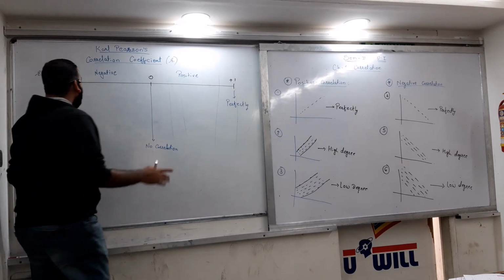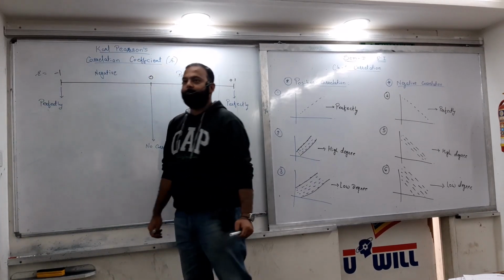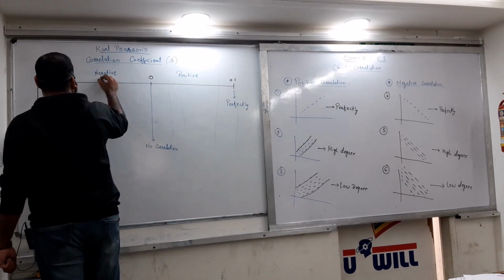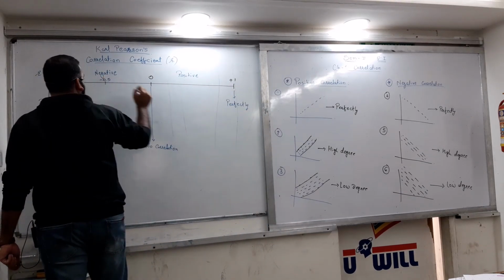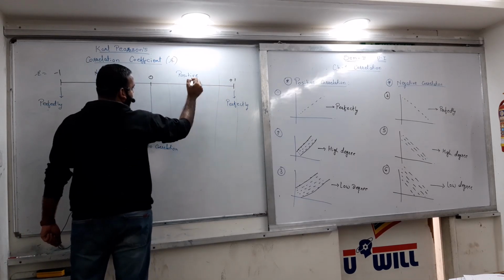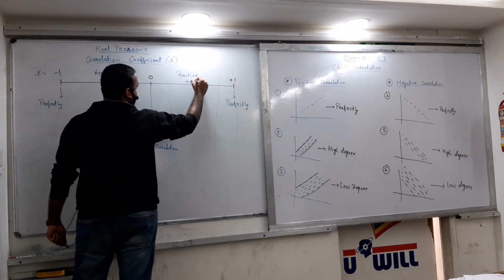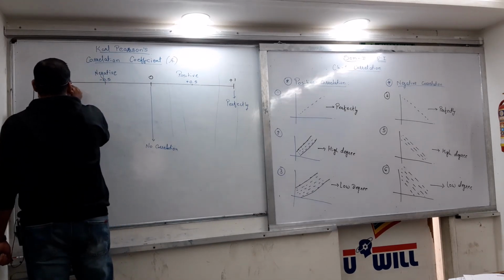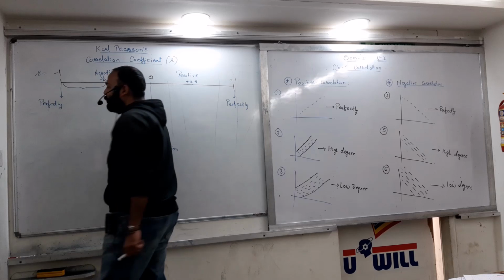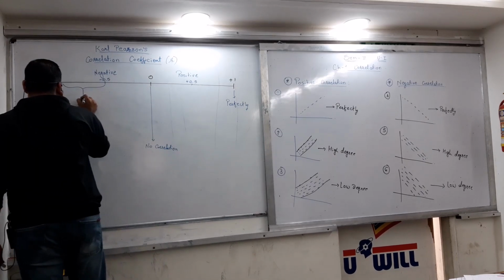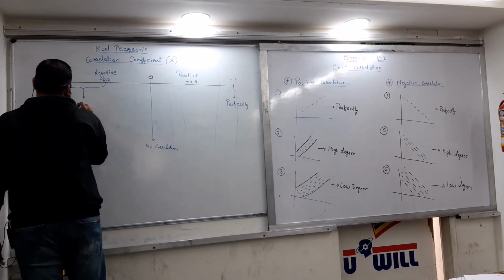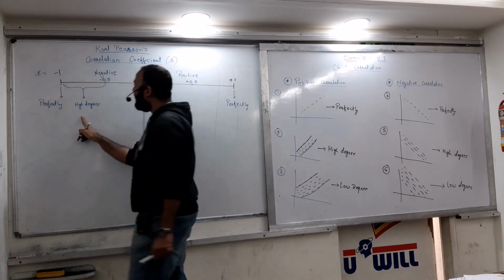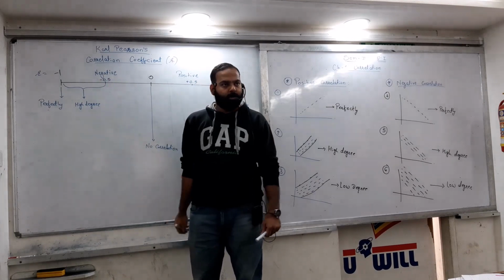Yes. Okay. Now if you focus on the area of -1 to 0, it can also be divided into two parts by -0.5, and 0 to +1 can be divided into two parts by +0.5. So if you focus on the area of -1 to -0.5, this area is a high degree of negative correlation.